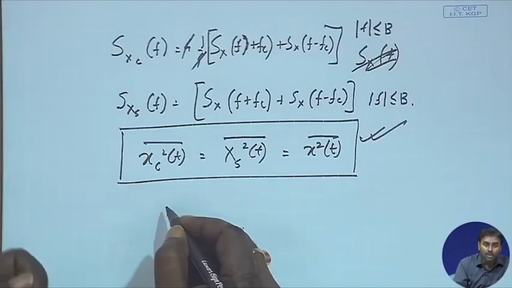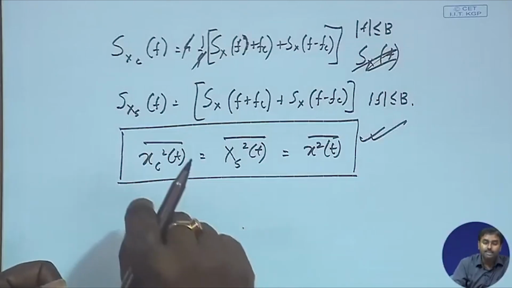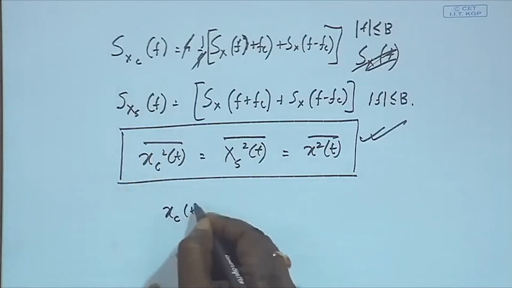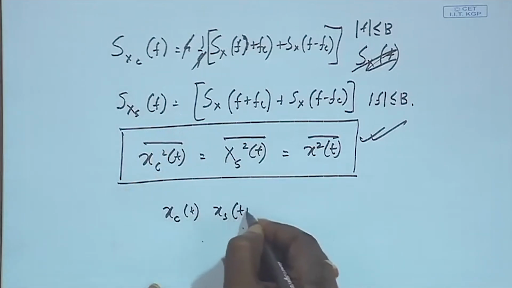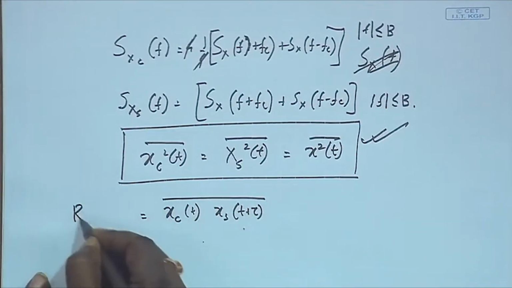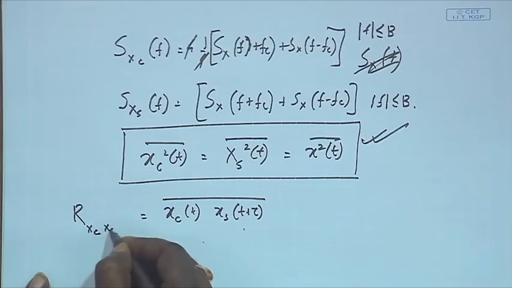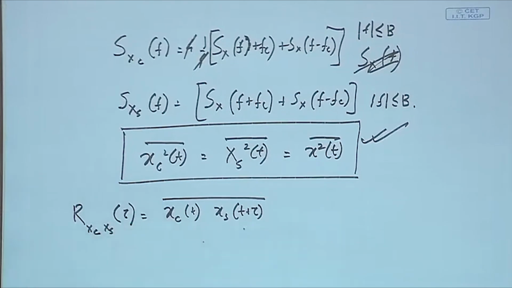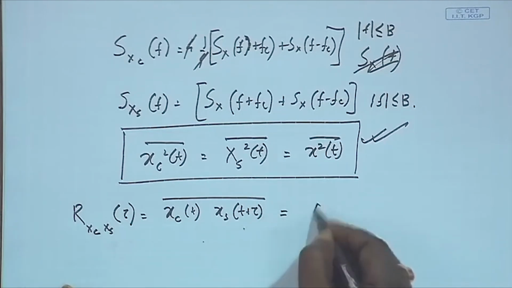Now, what we wish to do is evaluate the cross correlation of XC and XS. So, this XC(t) and XS(t plus tau), which is nothing but R_XC_XS, if it is stationary. We will be able to prove that this is just 0.